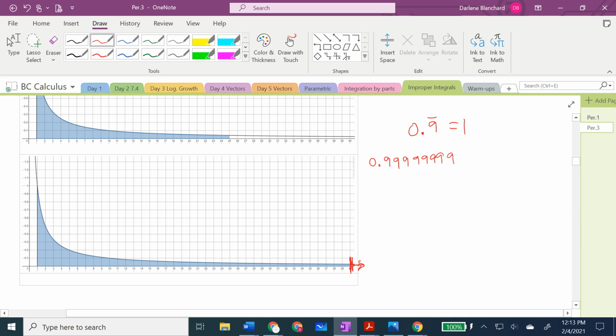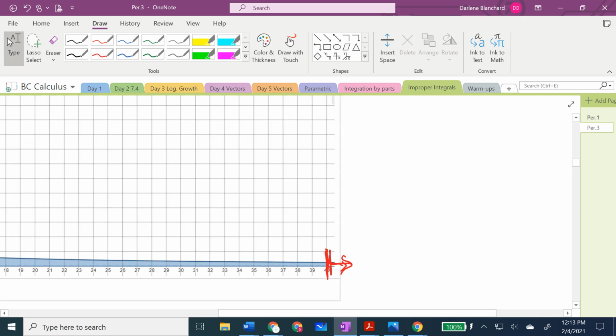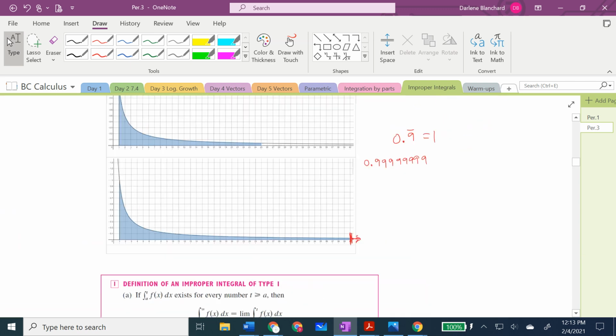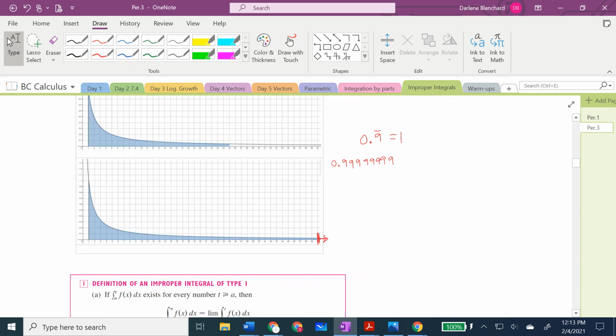But it is possible that there is a ceiling to that number, and that's what the limits are going to tell us. Do you think I can visually look at this and see whether that is going to be finite or infinite? Eyes are not going to help us. We have to use the math.